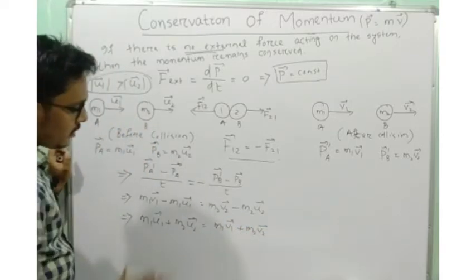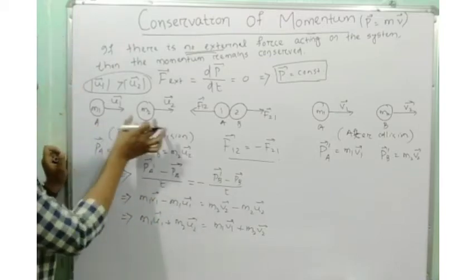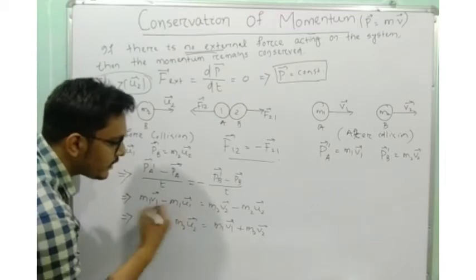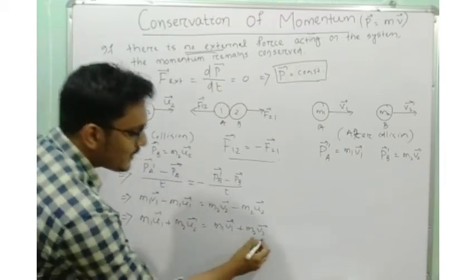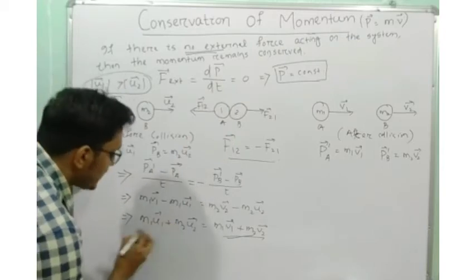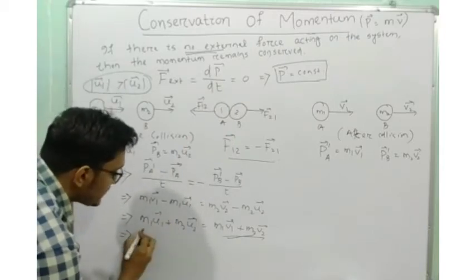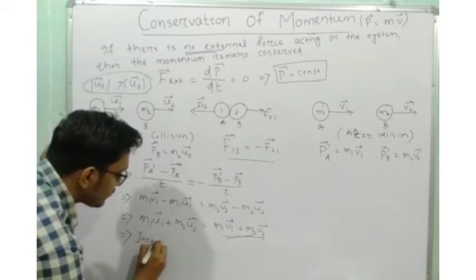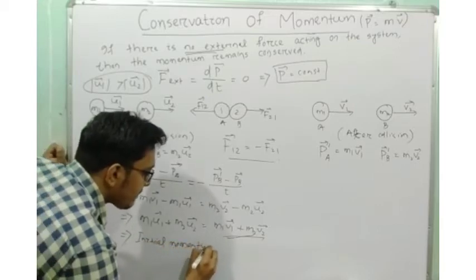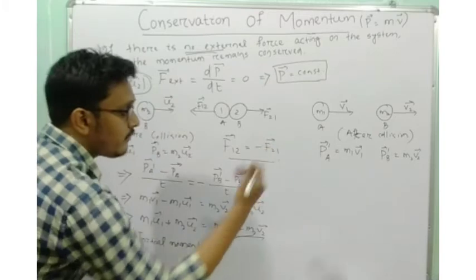This is the sum of the momentum of the individual particles, A and B. So this is the system's momentum before collision, and this is the system's momentum after collision. This is the initial momentum, and this is the final momentum, equal to each other.